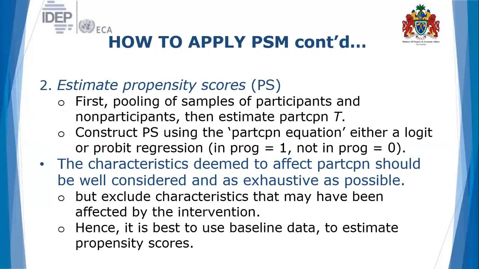Number 2 is estimation of propensity scores. So how is this done? First, by pooling samples of participants and non-participants, then estimate participation D. Then construct propensity scores using the participation equation, which can be either a logit model or probit regression model, in which program participation is equal to 1 and not in program is equal to 0.